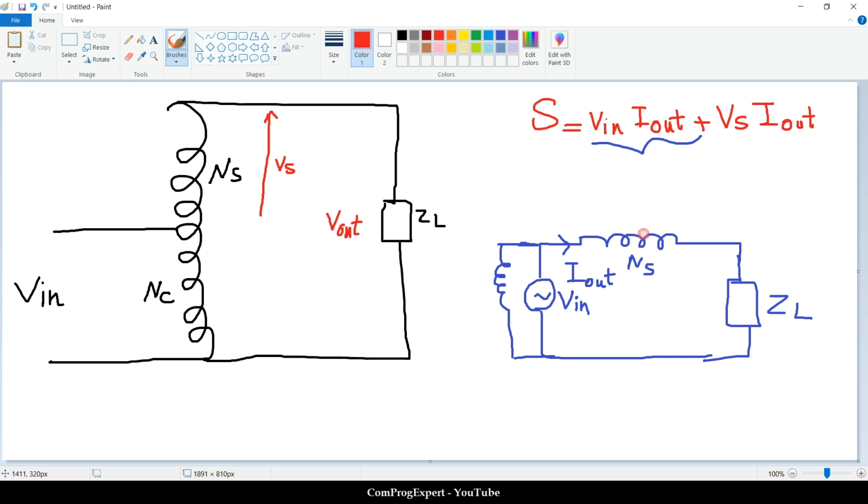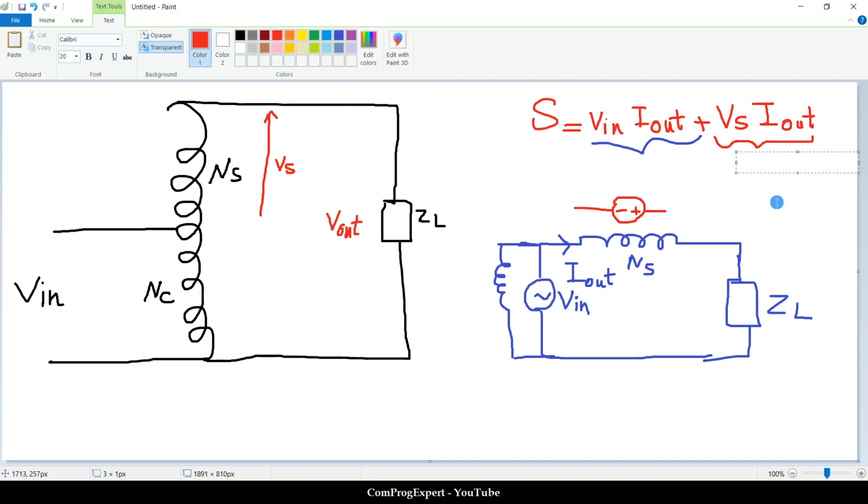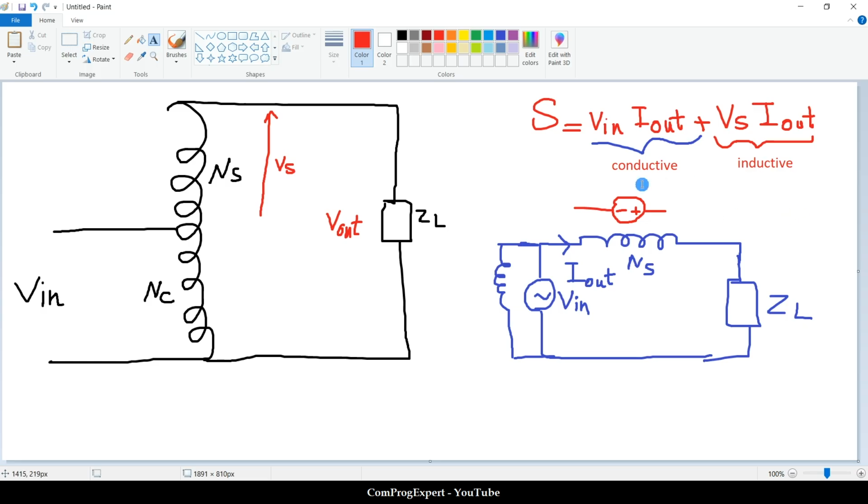Also we have this coil here with an EMF in it. We can consider it like a voltage source. The power delivered to ZL by this inductor is Vs times I out. So this is the inductive part, and this is the conductive part. We can find the ratio of the inductive power transfer to the conductive one.